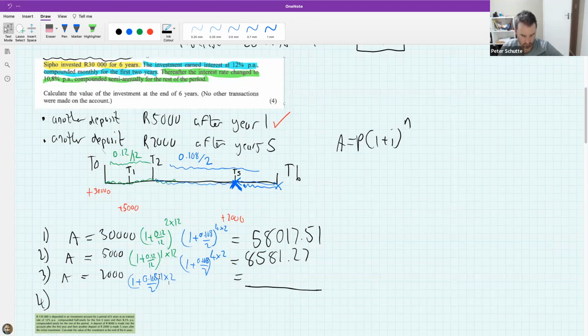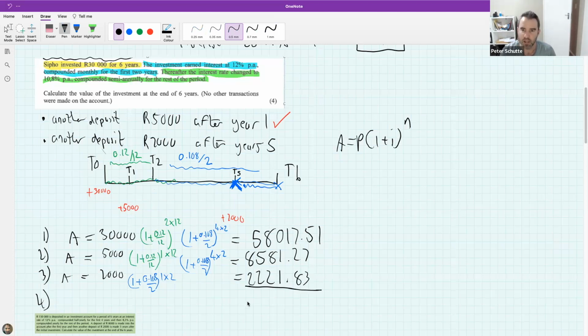What am I going to get for that? 2000 times (1 plus the rate over 2) to the power of 2. I get 2221.83.